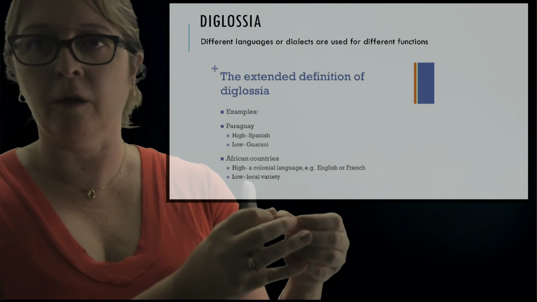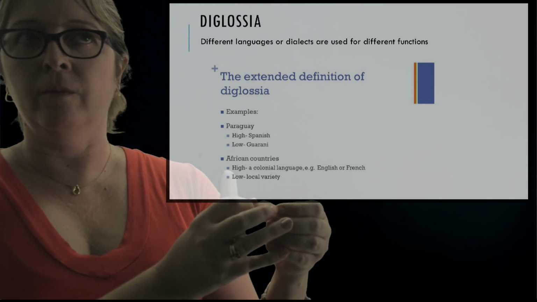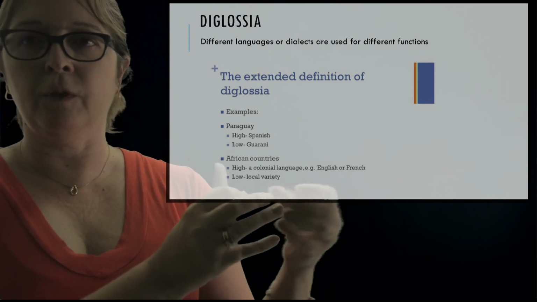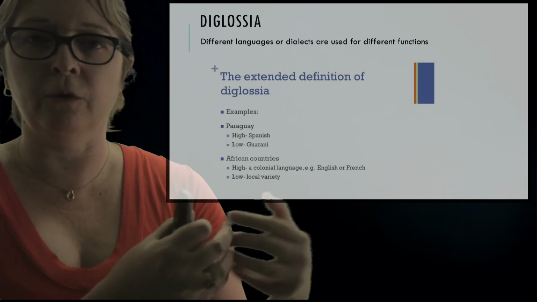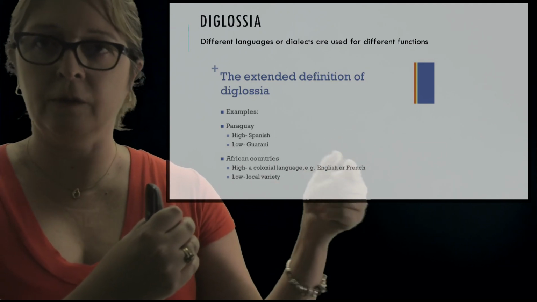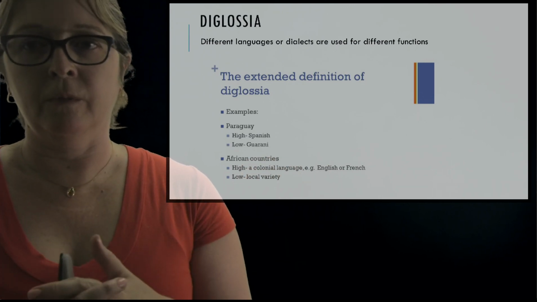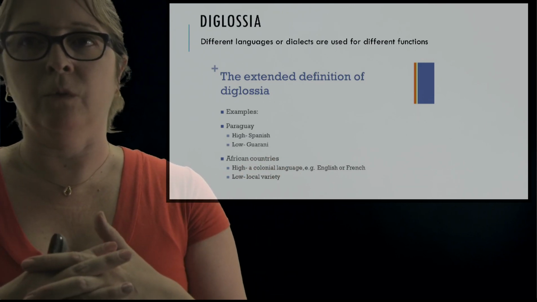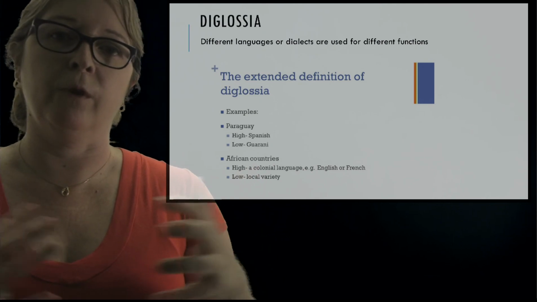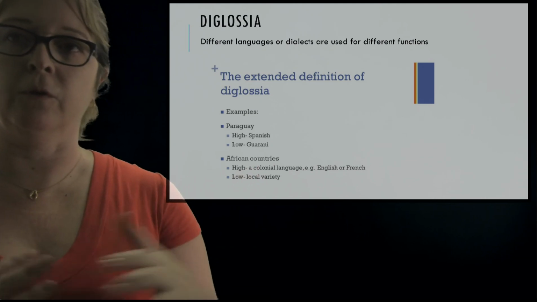So instead of creating their own pidgin, they actually use a lingua franca. But when they're with their kids or their loved ones from the same community, they use a local variety.